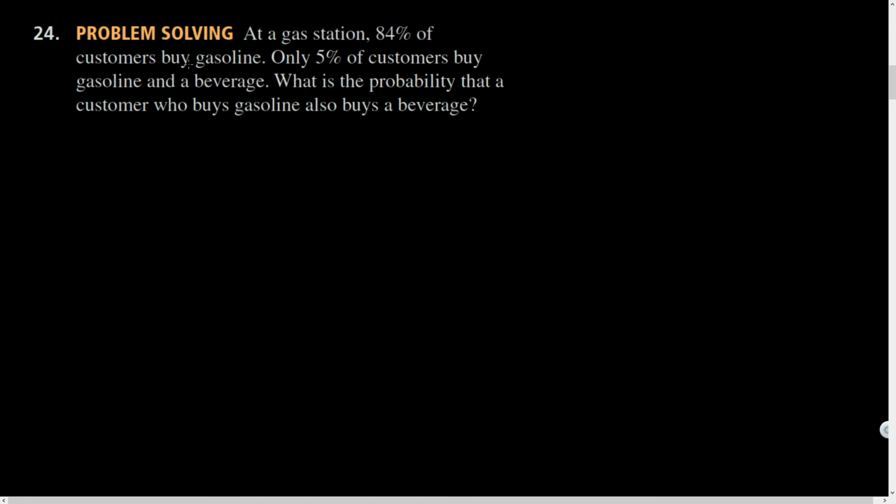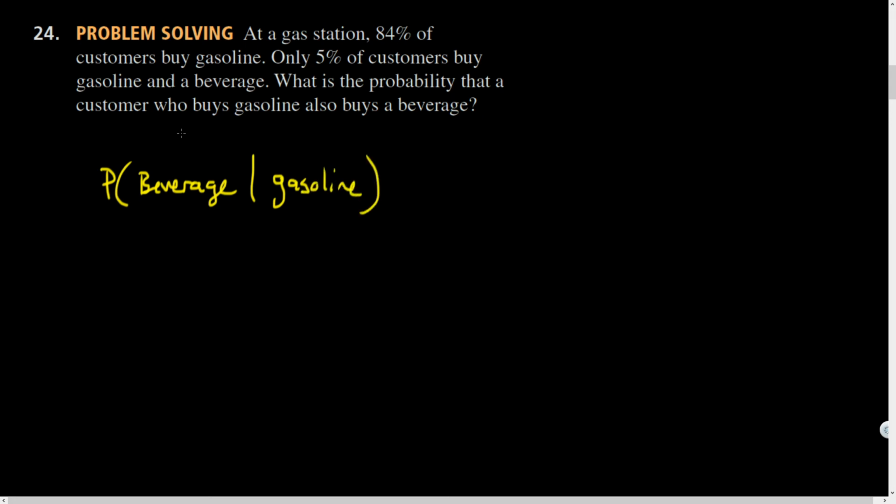Buy gasoline. Only 5% of customers buy gasoline and a beverage. What is the probability that a customer who buys gasoline also buys a beverage? So what's the probability of a beverage purchased given they also purchased gasoline?